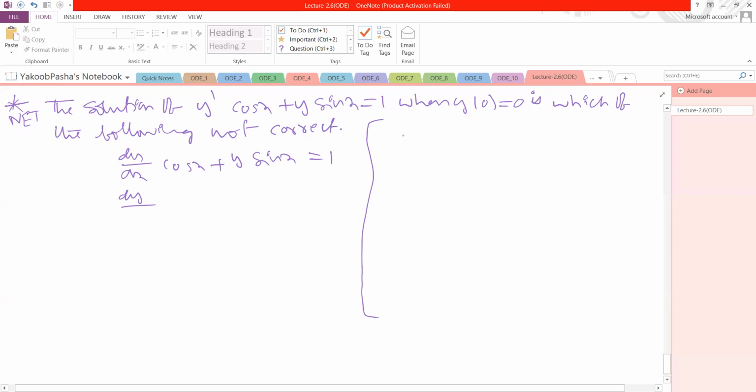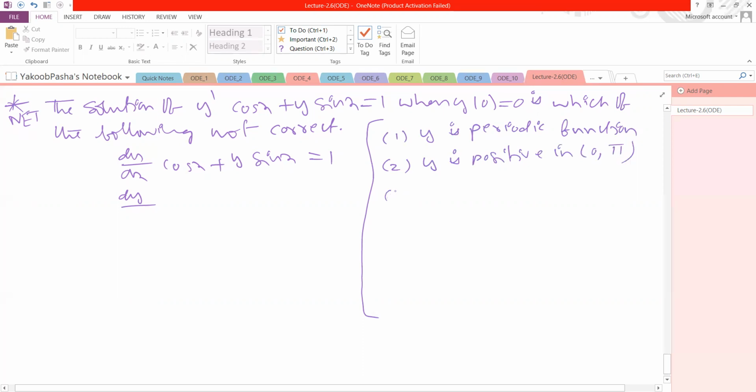First option, y is a periodic function. Second option, y is positive in the open interval 0, comma 5.